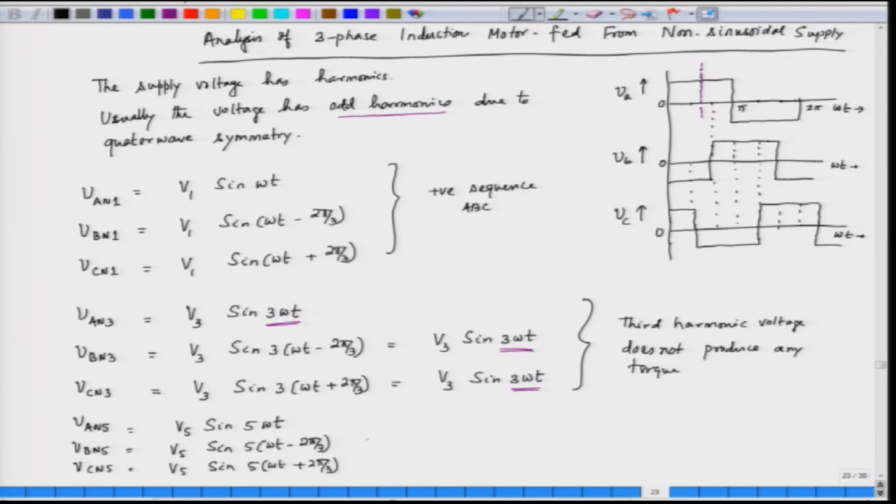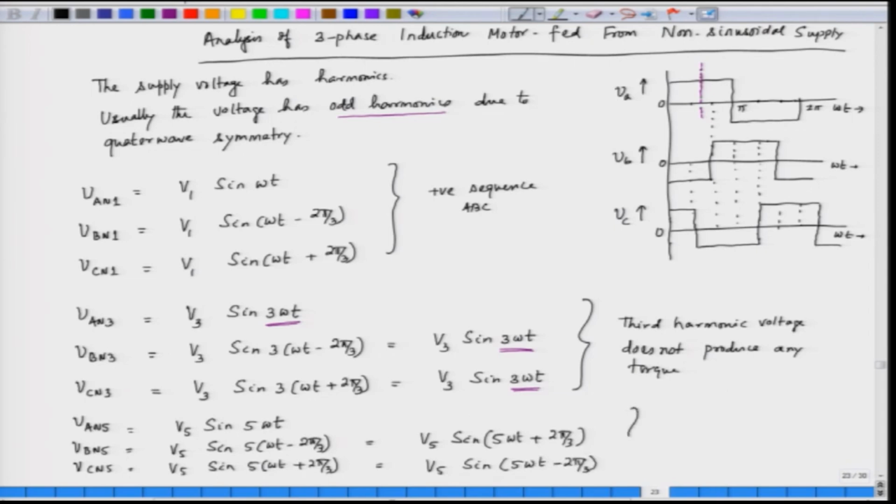If we simplify this, phase B voltage will be V5 sin (5 omega t plus 2 pi by 3), and the V_Cn5 will be V5 sin (5 omega t minus 2 pi by 3).